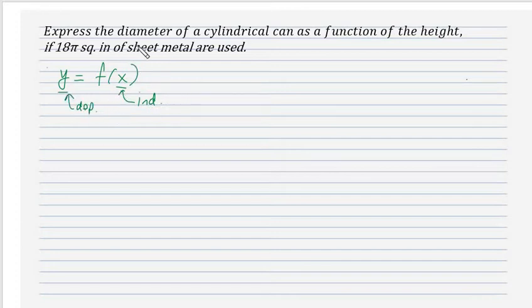Okay, so in this particular problem, it says here that let us express the diameter of a cylindrical can as a function of the height. So you have a cylindrical can, and that can has height, of course, as its basic dimension, and it has diameter, because the top and the bottom are actually circles.